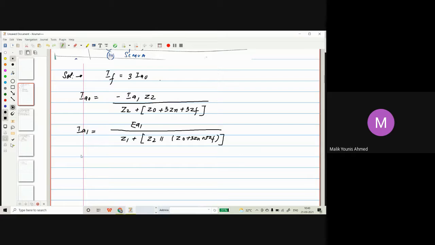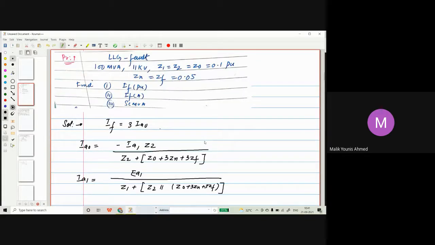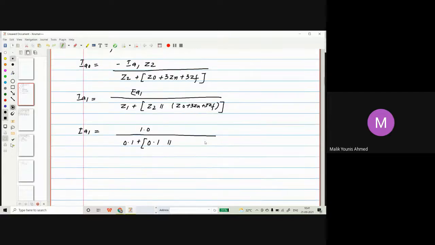IA1 will be equal to EA1, which we always assume as 1 per unit, and Z1 is 0.1, Z2 is also 0.1. In parallel with Z0, 0.1, and 3Zn is 3 into 0.05, that will be 0.1, so this combination becomes 0.4. So IA1 you can simply get as 5.55 per unit.